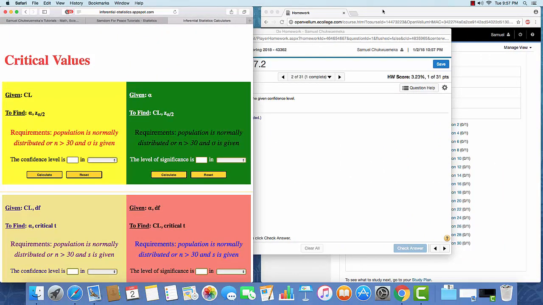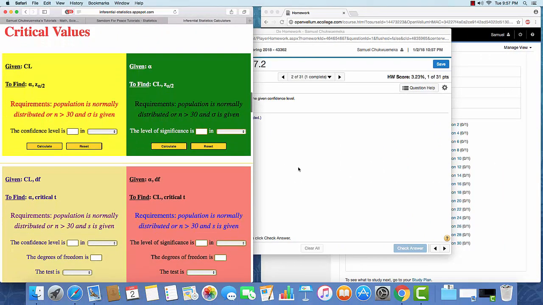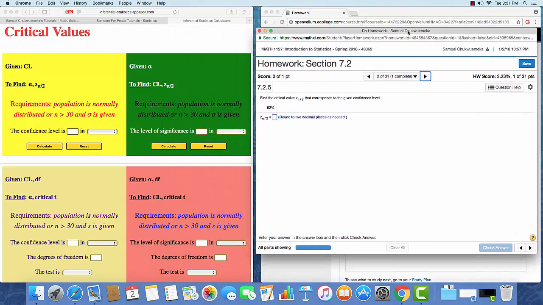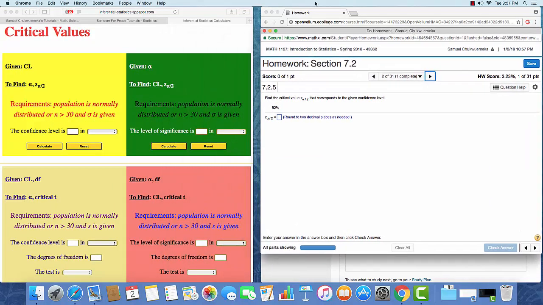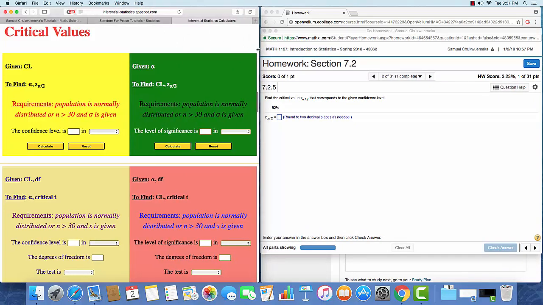Then I can actually drag this here. Find the critical value corresponding to the confidence level. So these are the critical values, and this means the z-score that corresponds to the area, level of significance divided by 2.